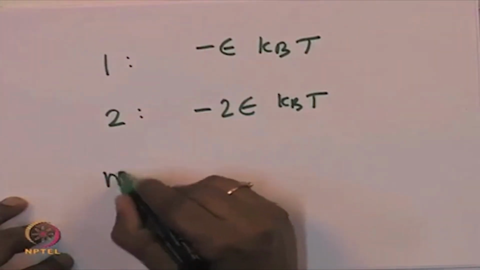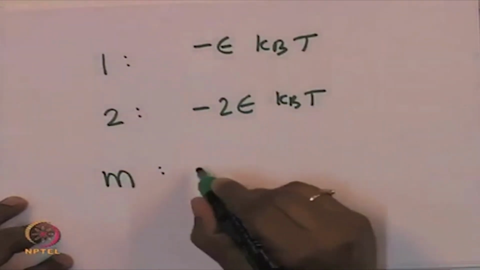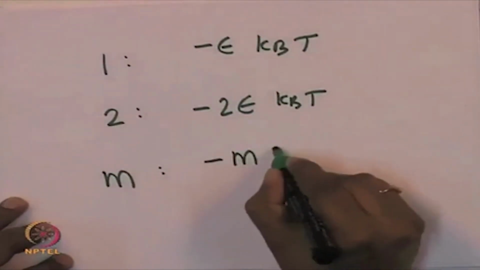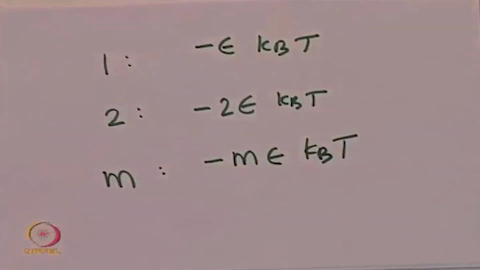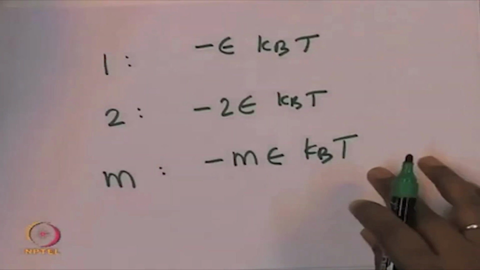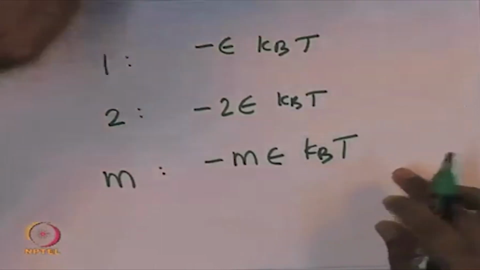If there are m proteins, the energy gained is minus m epsilon kBT. So, this is the energy gain.